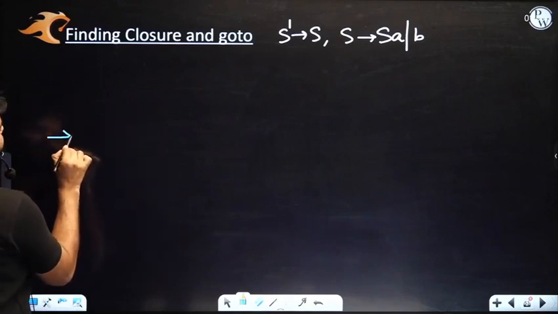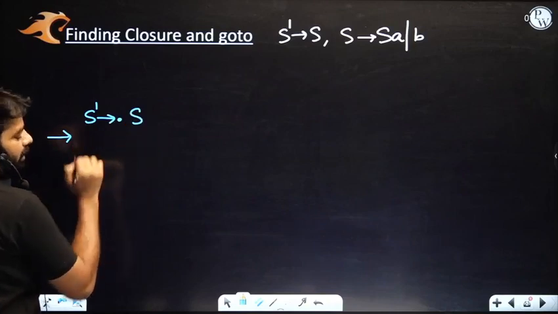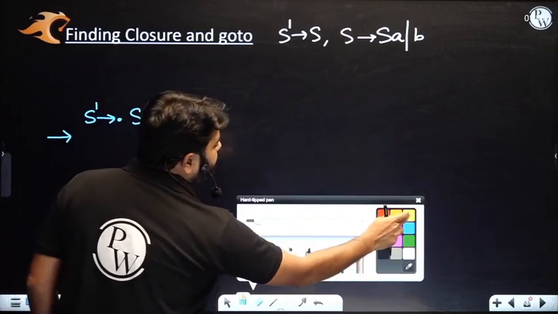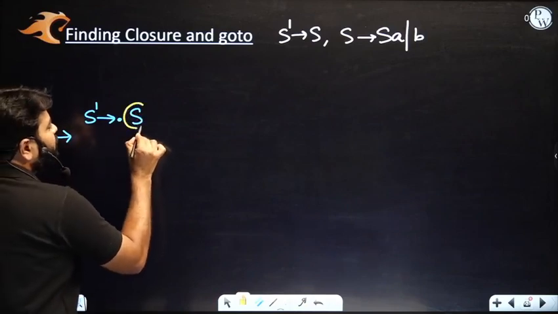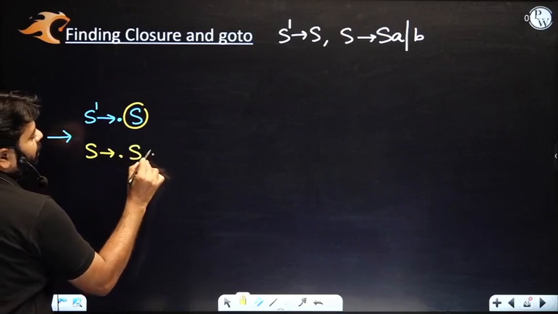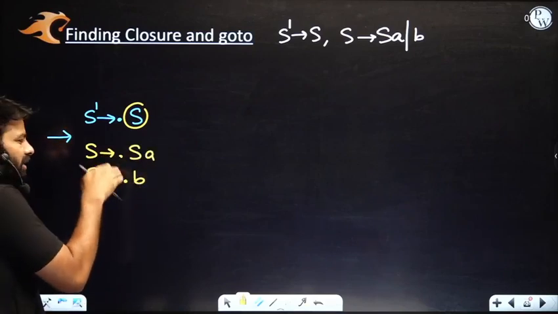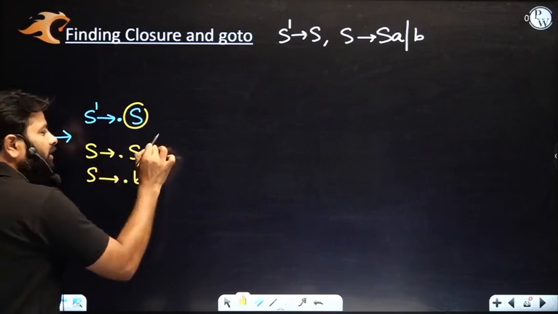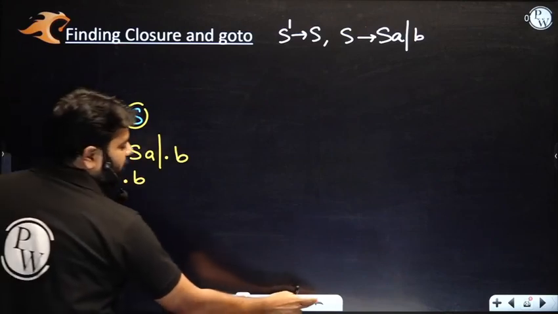That's the initial state, S dash derives dot S, and always I am pointing here why I am going for the next production, because of this S only I am writing S items here, dot SA and dot B. If you are not interested to write two lines, you can also write it with a slash, dot B. That's also fine if you don't want to do this here.